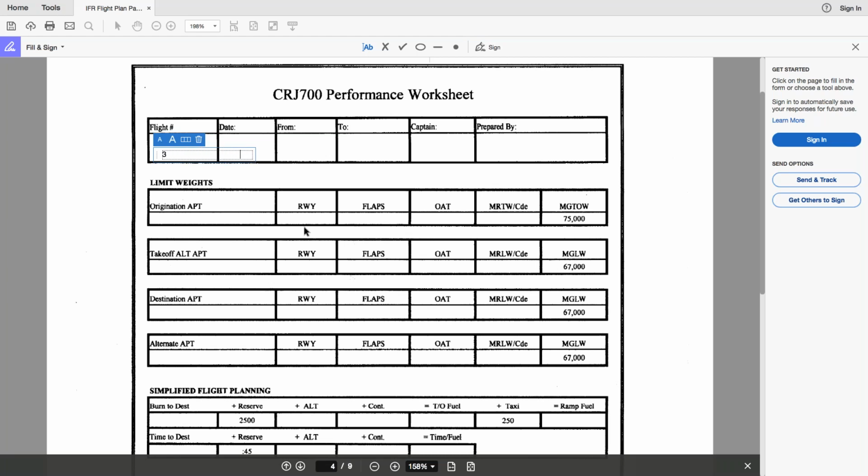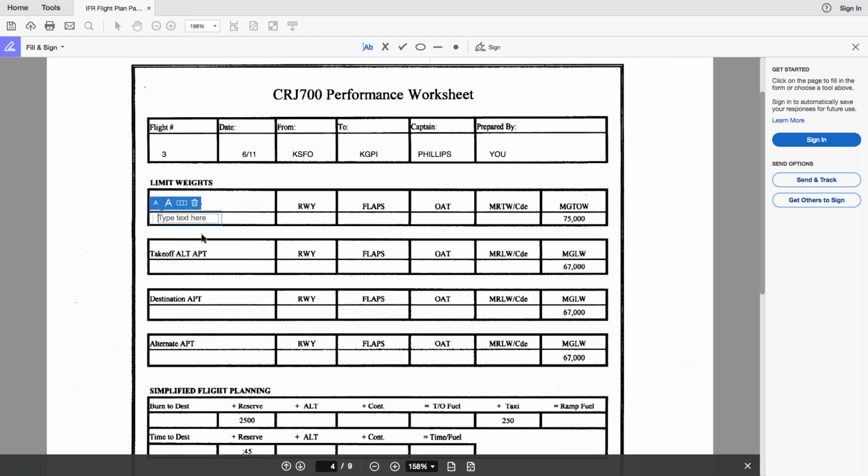Date is 6/11. Going from KSFO to KGPI, Captain Phillips, and prepared by you. Okay.